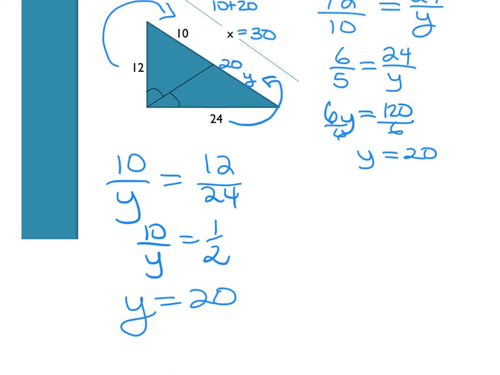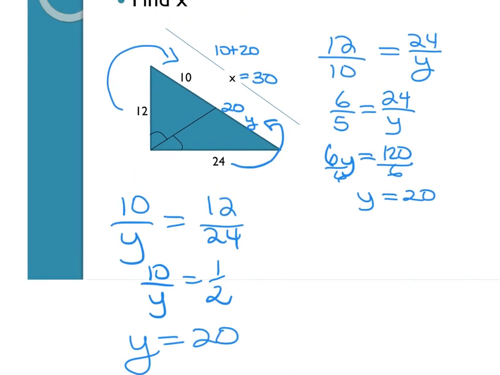Another way you could have done this, if you didn't want to introduce another variable, you could have said, well, instead of calling this piece y, I could call this x minus 10. And you can set it up that way. So you could do 24 over x minus 10, and then 12 over 10.